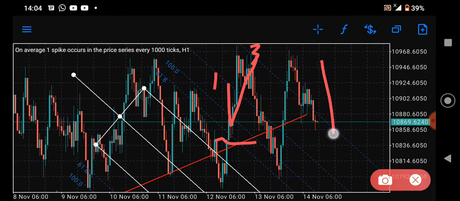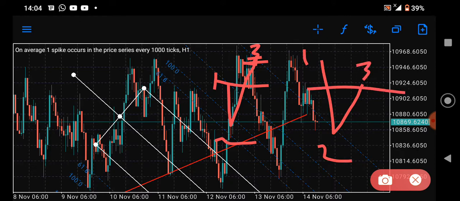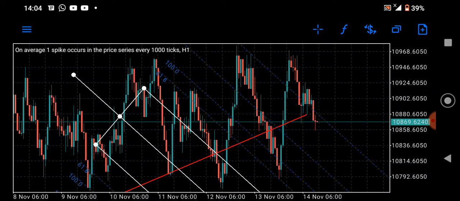The difference between both of them is just that in the normal one the 3 is above the 1, and the inverted pattern is when the 3 is below the 1. That's just the difference.